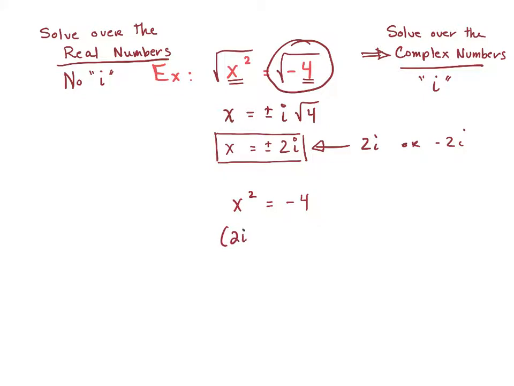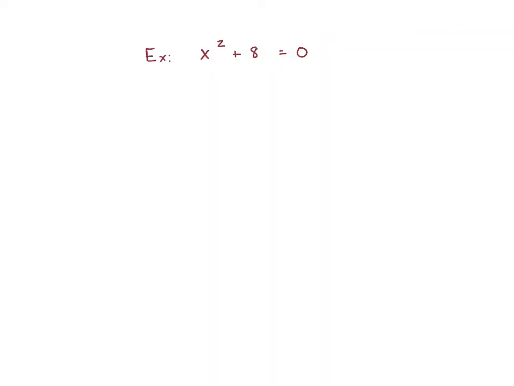Substitute 2i in for the x, and the question is, does that equal -4? Well, 2i times 2i is 4i squared. Remember from yesterday, i squared is equal to -1, so it's 4 times -1, which is -4. And so it does check on both sides.